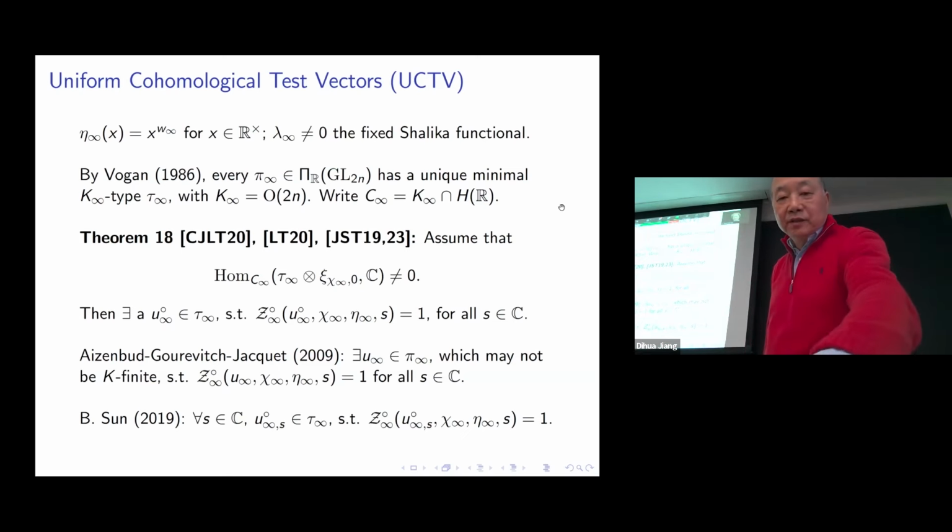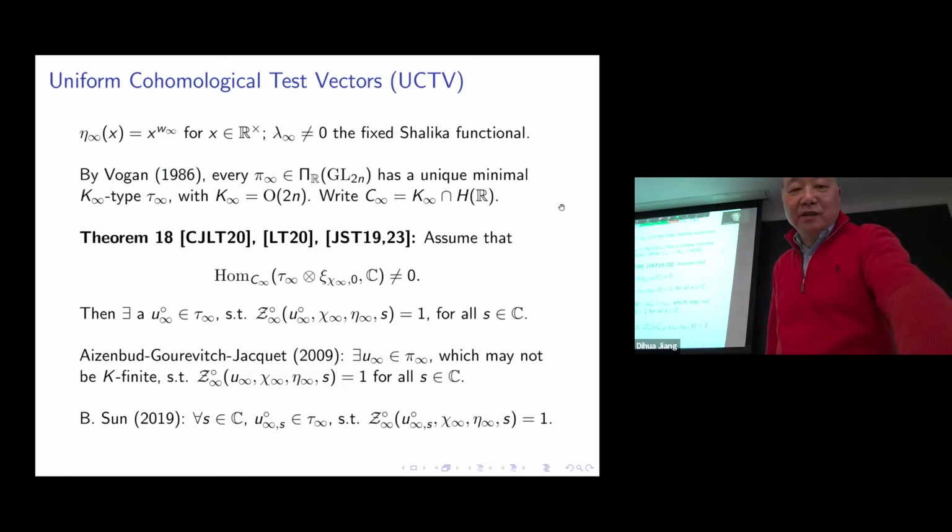We show that with respect to this minimal K-type, in other words, you have this Hom space non-vanishing, and then we actually explicitly construct this vector by invariant theory.